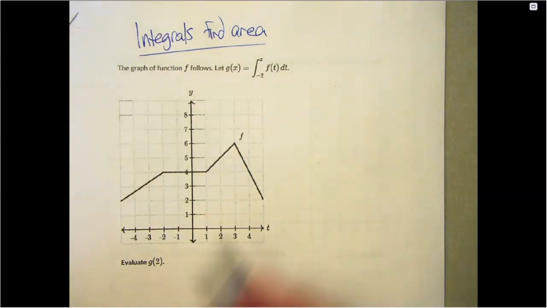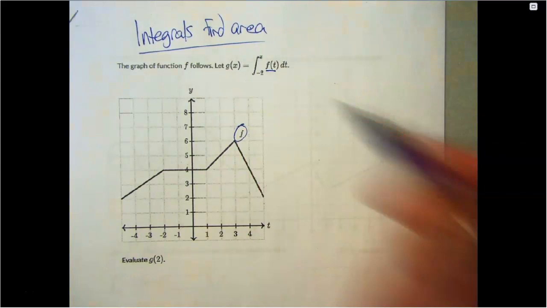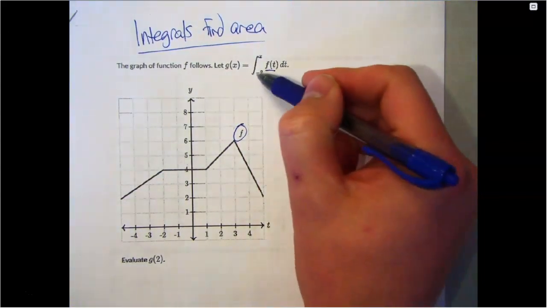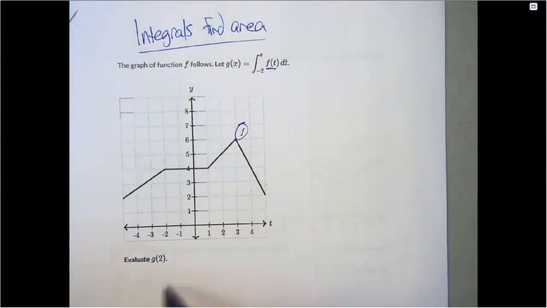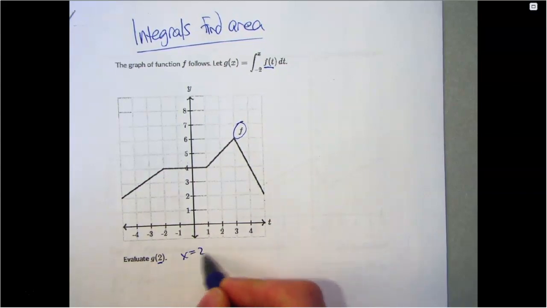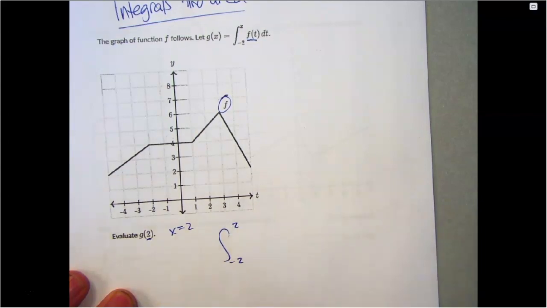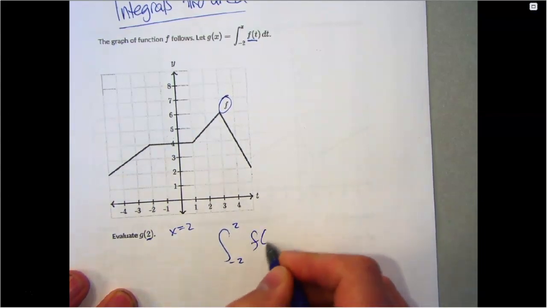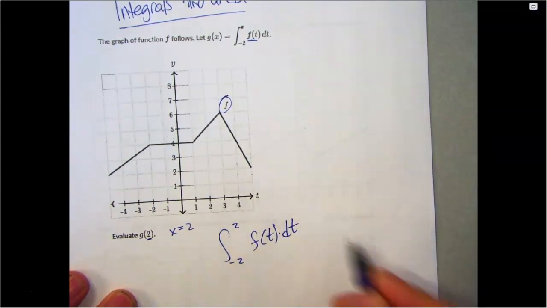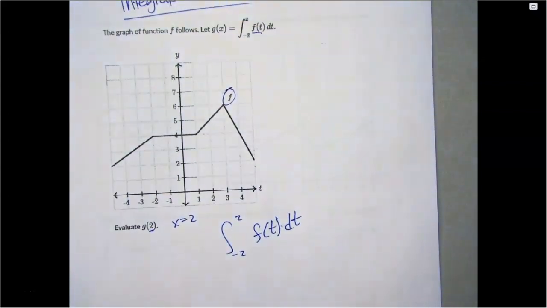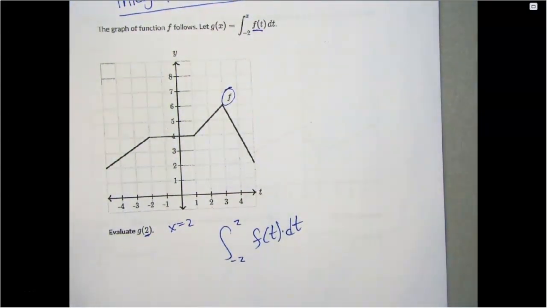So they give me this function f of t, and they're saying, okay, integrate it from -2 to x. Then down here, they're basically saying x is 2. What they're really asking for is the integral between -2 and 2 of f of t dt, if you just plug in the 2 for x.